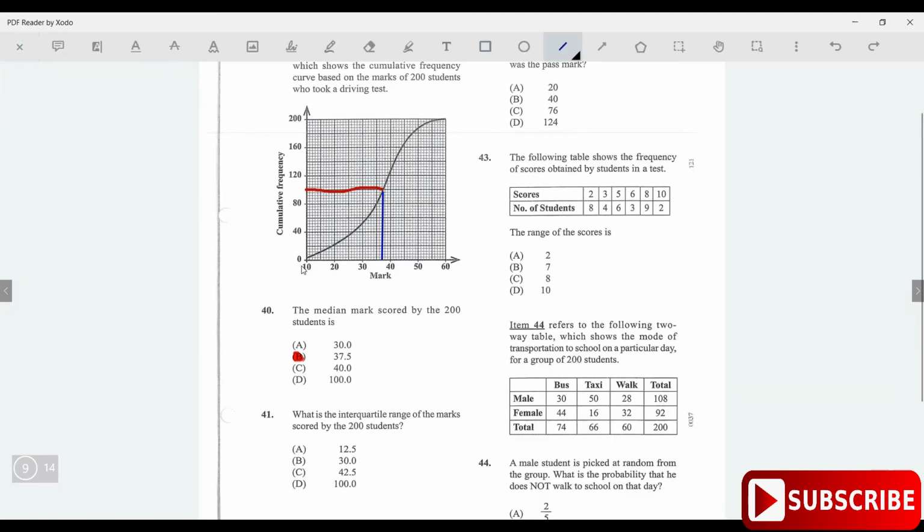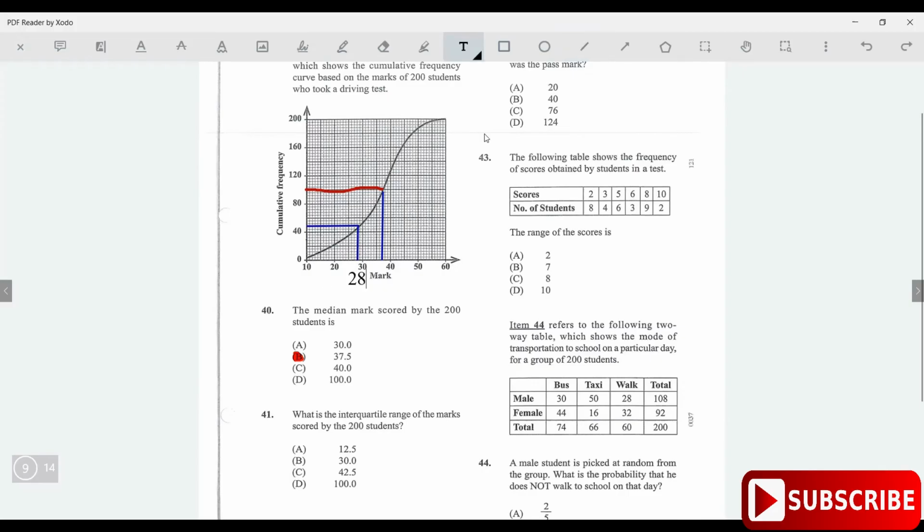Somewhere in the middle right here, that is 50. That is roughly 28 right here for Q1.